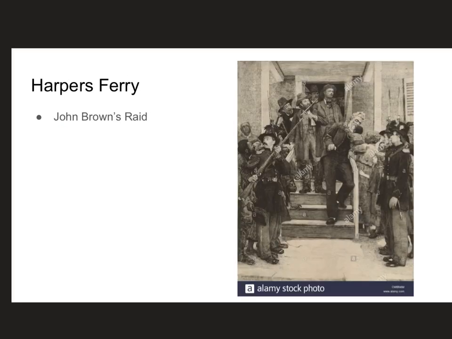We're coming back to John Brown again. John Brown continued his abolitionist fight. So again, he was an abolitionist, meaning against slavery, who wanted to lead a slave uprising.